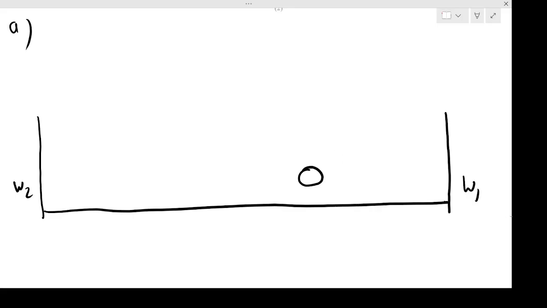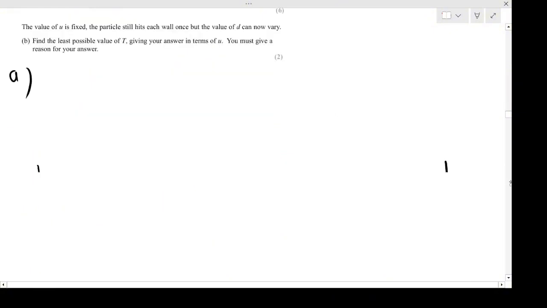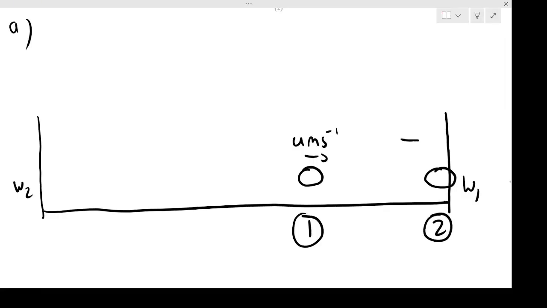So it firstly goes towards wall 1. Okay, and it goes with speed U. And then it ends up at wall 1. Okay, so this is my first part of the journey at the starting point here. Then it goes to wall 1. And then it's going to approach it with the same speed U. Okay.